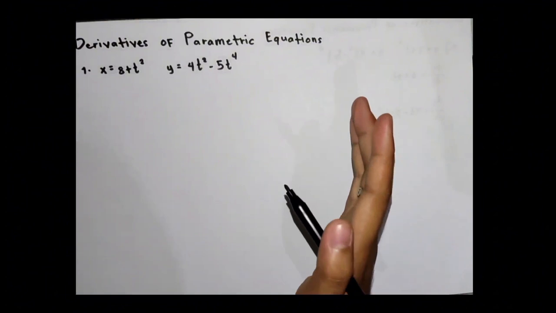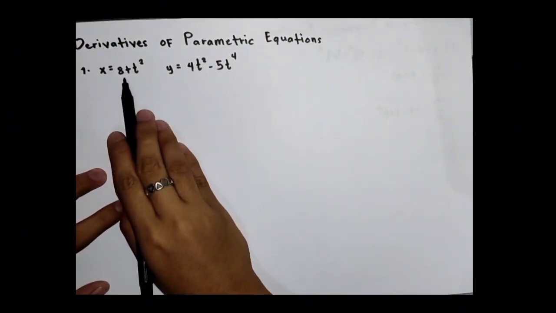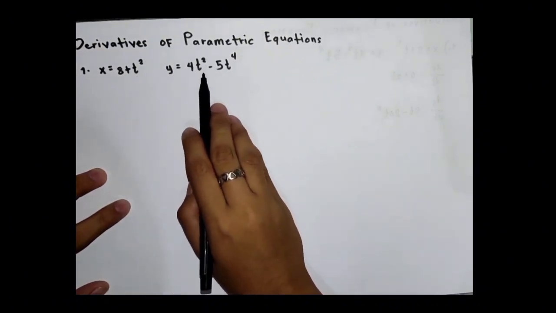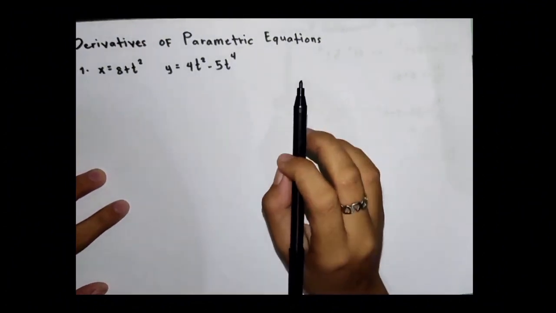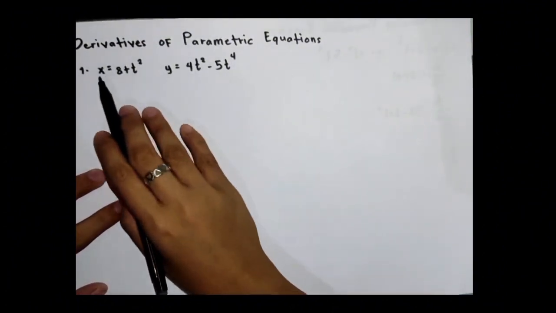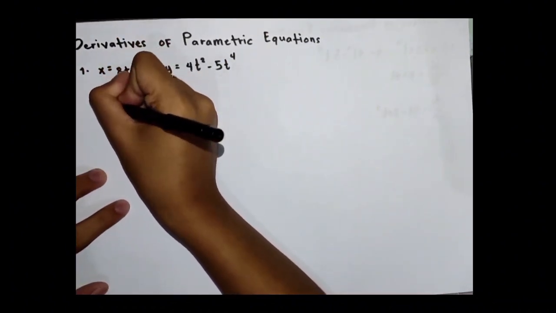Now let's go through our first example. x equals 8 plus t squared, y equals 4t squared minus 5t raised to the power of 4. Now let's find the derivative of x with respect to t, since t is the third variable being used.